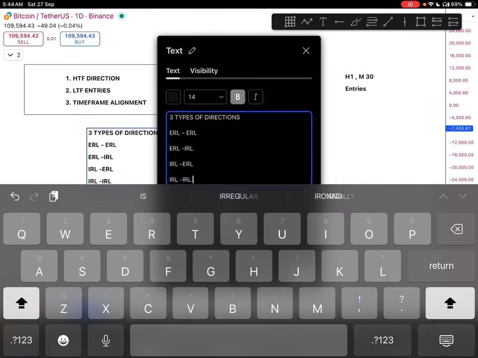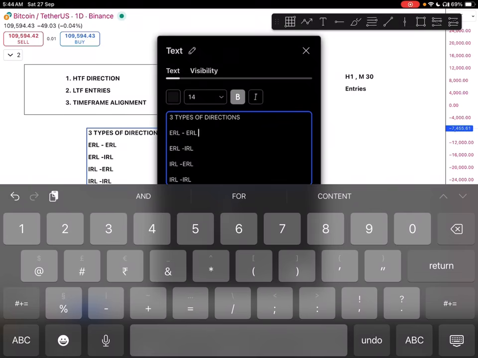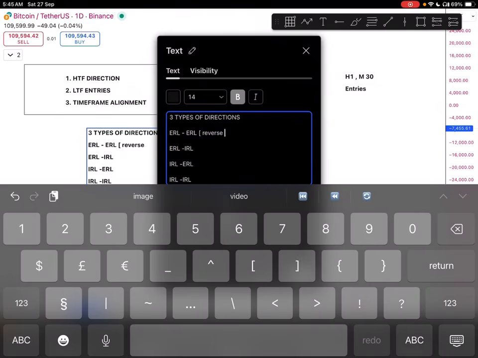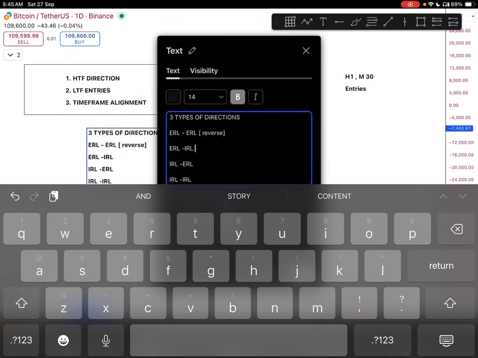You all know that external range liquidity to external range liquidity will give you a reversal in price direction. External to internal range liquidity will give you a retracement move.